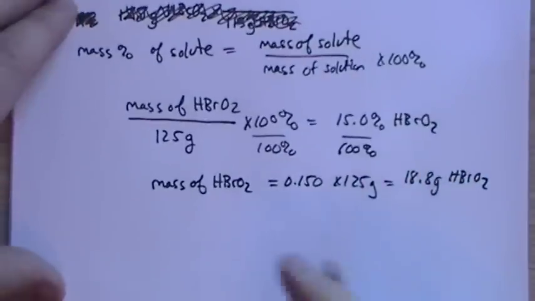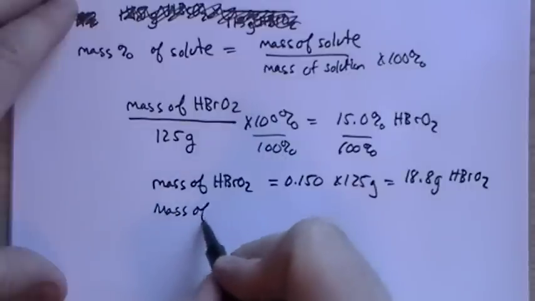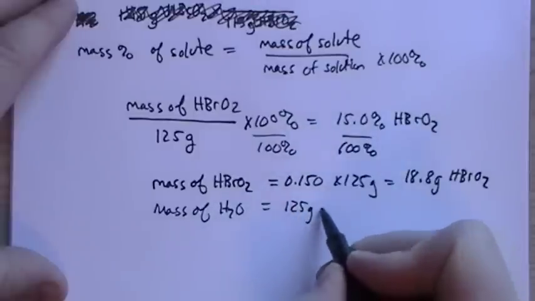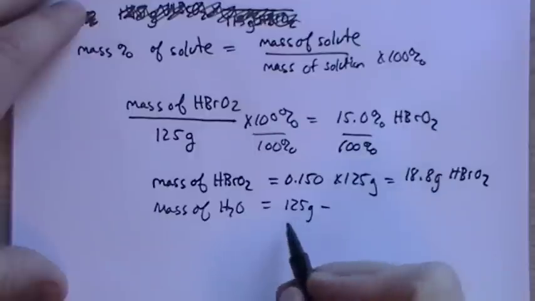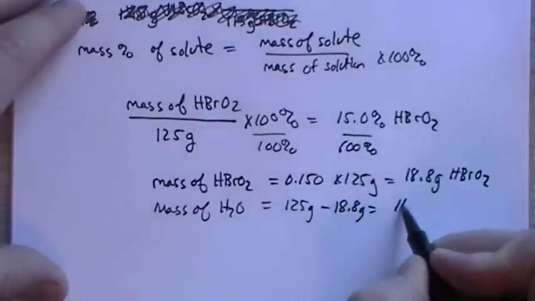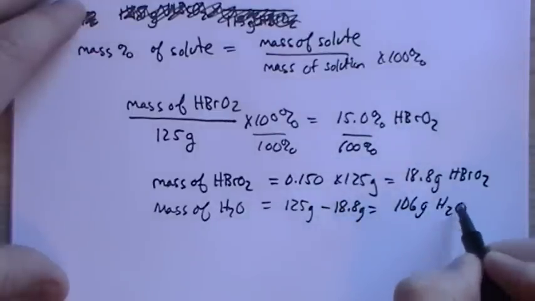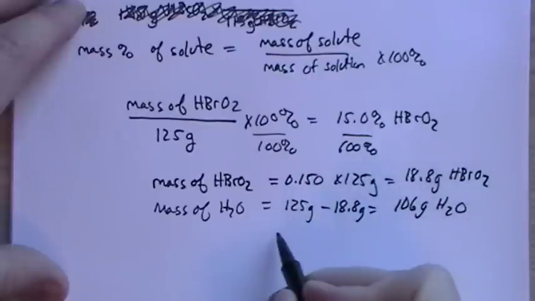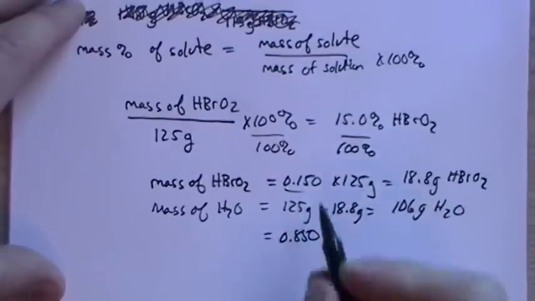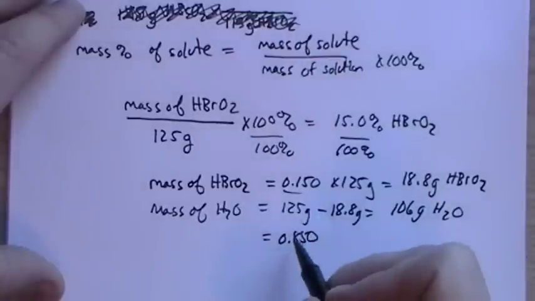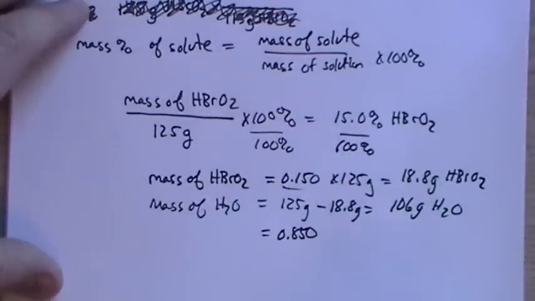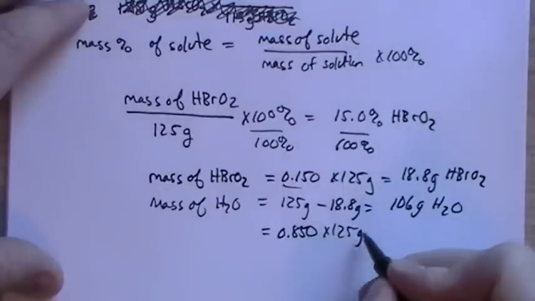HBrO2. The mass of the water is then going to be 125 grams, because that's the only other thing in the solution, so the solution is 125 grams minus 18.8 grams gives us 106 grams. And you could have also found it by doing 0.85, since it's 15%, and if there's 15% of the acid, then it's 85% of the water, times 125 grams.